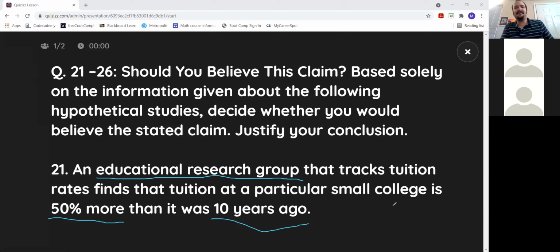How long should I give y'all on this one? The book says this is a good claim basically. There doesn't seem to be too much wrong with it. You could be super scrutinous and ask what sort of questions they asked, or ask what small college they went to if you wanted to verify it yourself.